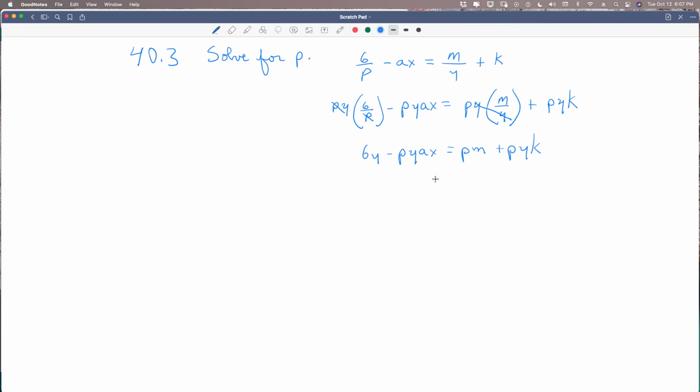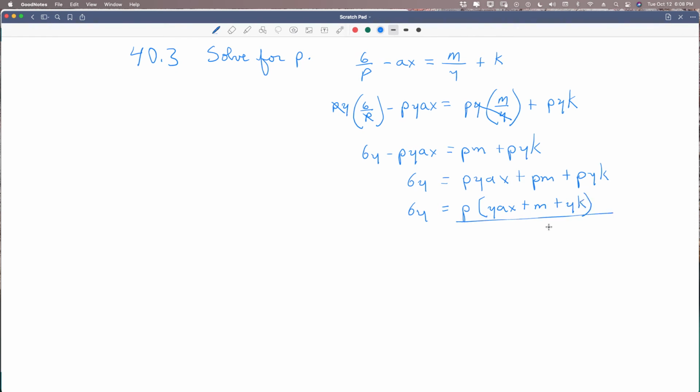So now we are going to swim this over to this side. So we have 6y is equal to pyax plus pm plus pyk. We factor p, which leaves us yax plus m plus yk.